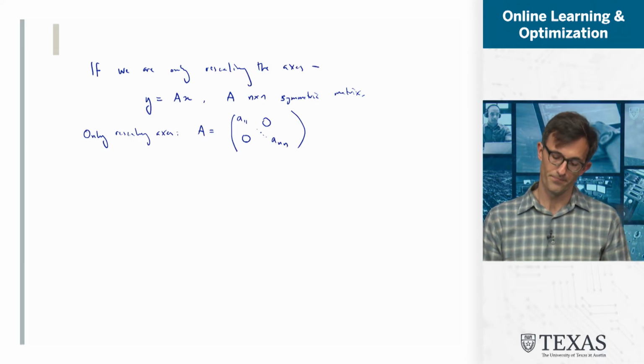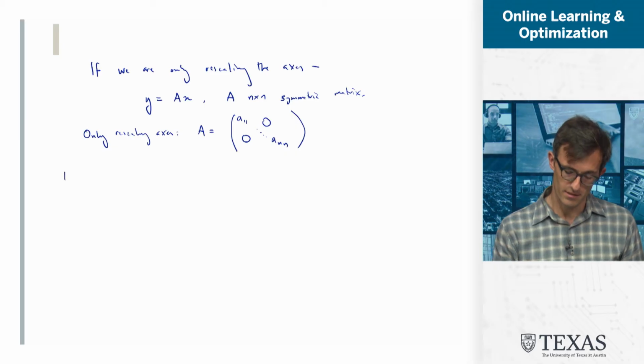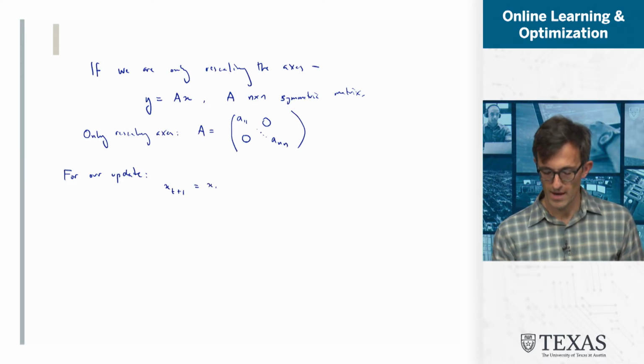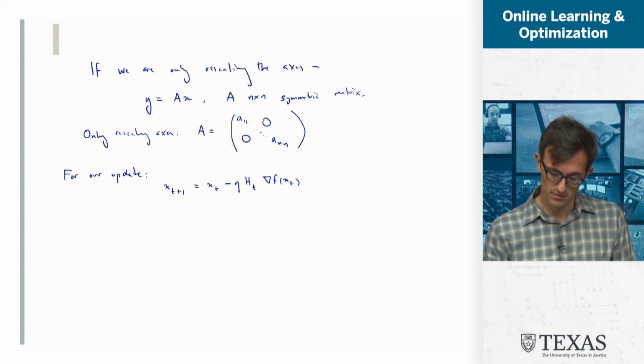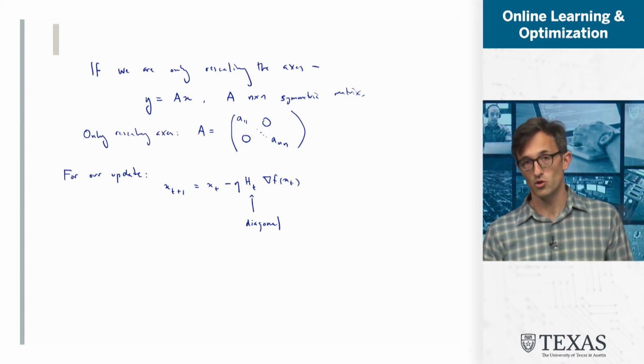So what does that mean? That means specifically for our context, for our quasi-Newton update, that we want x_{t+1} equal to x_t minus a step size times H_t times the gradient of f at x_t, where H is diagonal. And this greatly simplifies our computation in two ways.